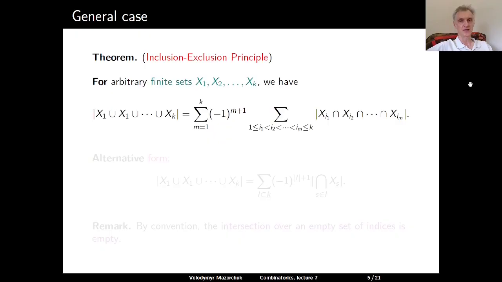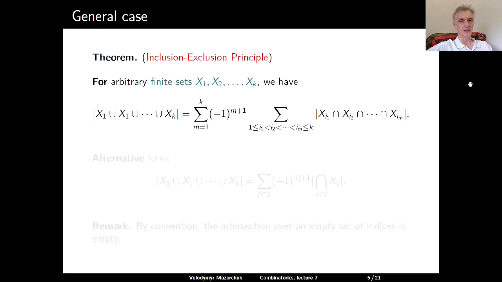For arbitrary finite sets X_1, X_2, and so on, X_k, we have the following. The cardinality of the union of X_1, X_2, and so on, X_k equals the sum over all m from 1 to k of (-1) to the power m plus 1, times another sum which runs over all indices i_1, i_2, and so on, i_m, where i_1 is greater than or equal to 1, i_2 is greater than i_1, and so on, i_m is greater than i_{m-1}, and i_m is less than or equal to k.